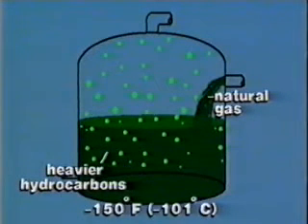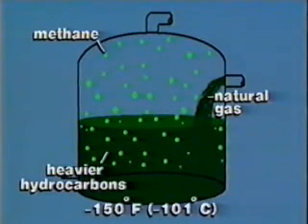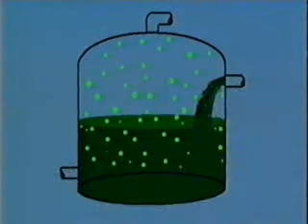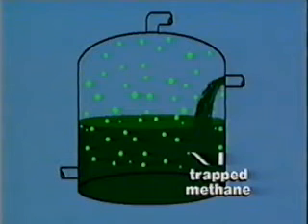The methane, being lighter, will remain as a gas. However, the chilling process will trap some of the methane in the liquid. NGLs with a high methane content are not marketable. Therefore, the trapped methane must be separated. Gas chilling operations maximize the amount of ethane or heavier hydrocarbons liquefied, but minimize the quantity of trapped methane.